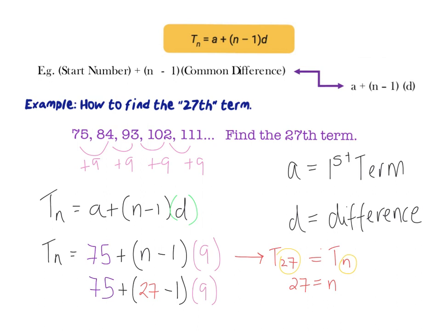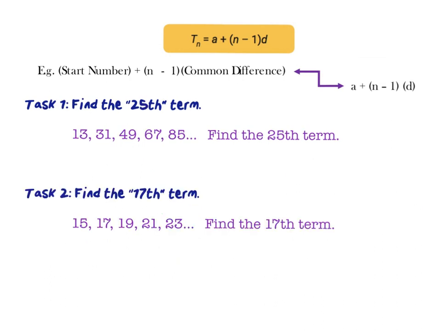So you're going to get 75, you're going to add, open your bracket, 27 minus 1. You're going to close your bracket, open a bracket for 9 and close it again. And you're going to get T of 27, so the 27th term, is going to be 309. And that's that solved. Complete these two tasks for Monday.